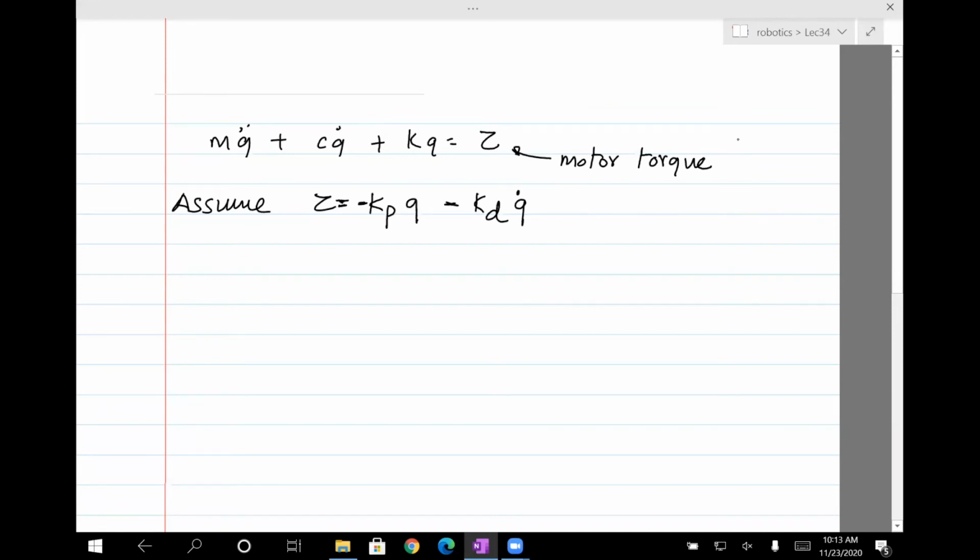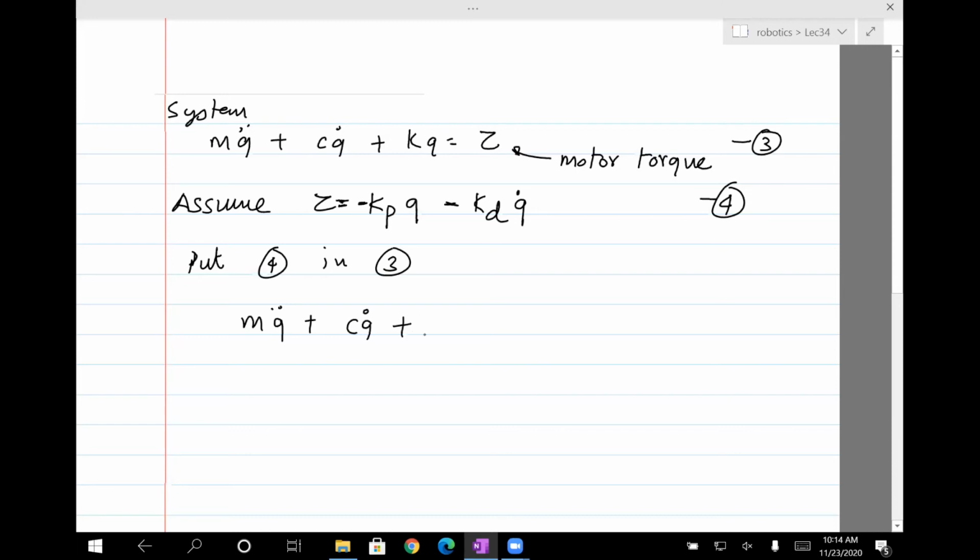So what I'll do is I'll take this torque equation, put it in the system dynamics. So this is the system. Put 4 in 3, and I get m q double dot plus c q dot plus k q equals minus Kp q minus Kd q dot.